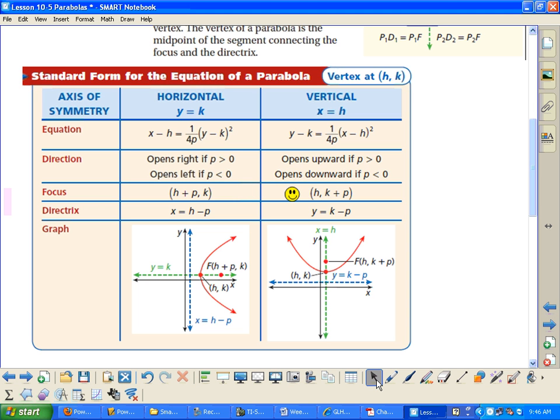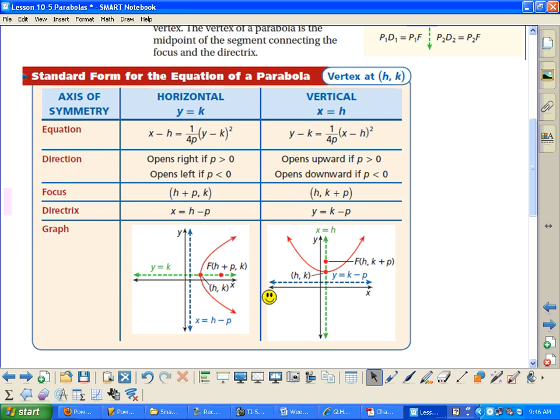The directrix, if it opens horizontally, is a vertical line, as you can see in the graph down here. So that means it's an x equals line: x equals h minus p. Notice, to get to the focus, they add p. To get to the directrix, they subtract p. So if p is negative, they go the opposite ways.